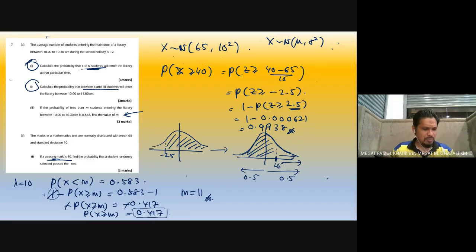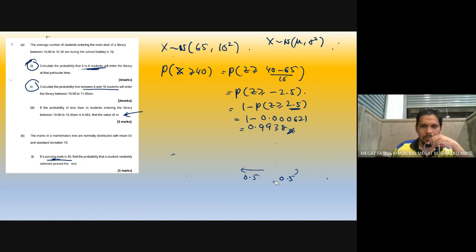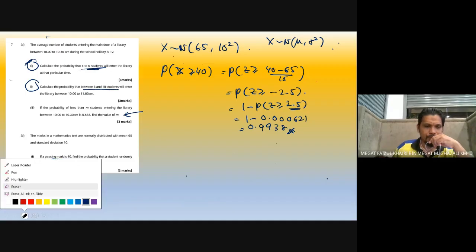Find the number of students who obtain grade A. Okay, wait a moment.